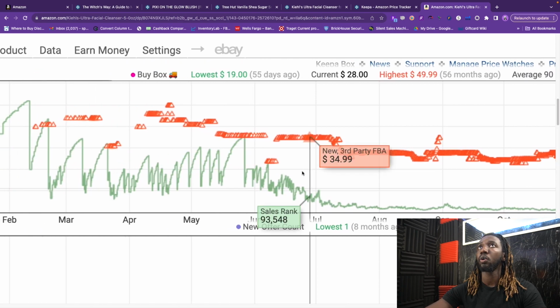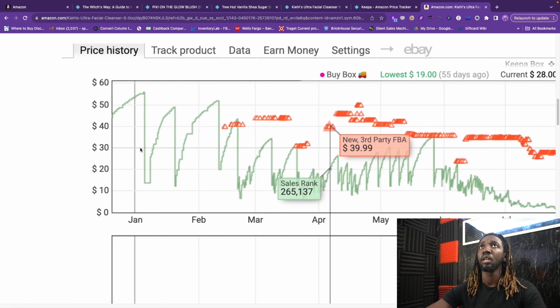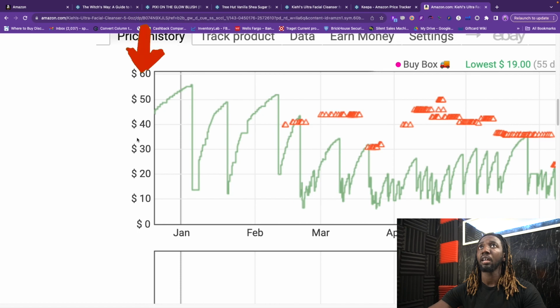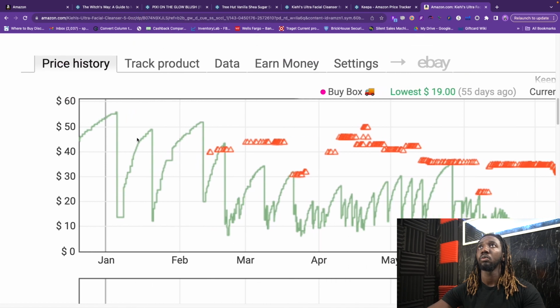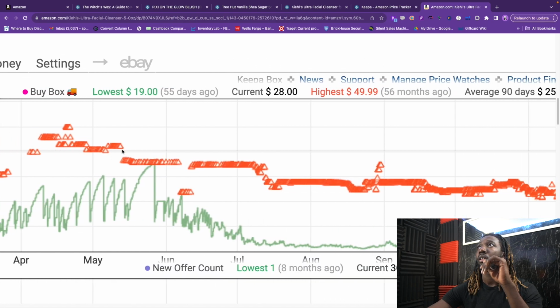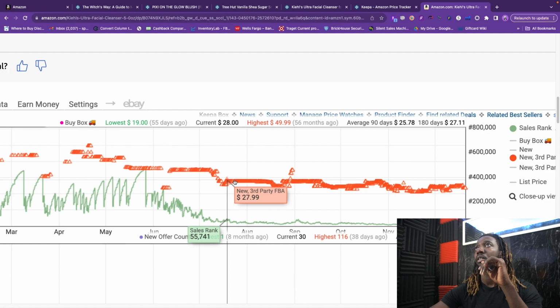So with this orange, these FBA triangles, we're looking at this legend on this side to keep track of the price, which, just like the buy box, dropped around halfway through the year 2023, right?